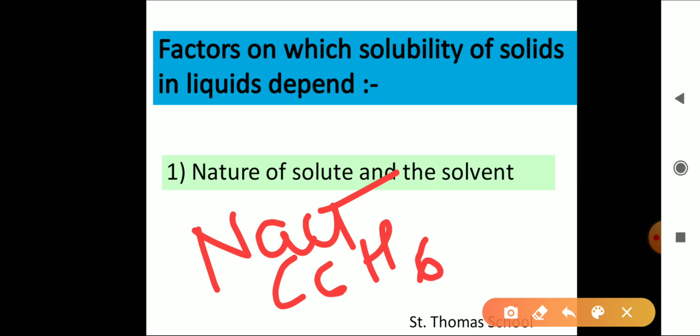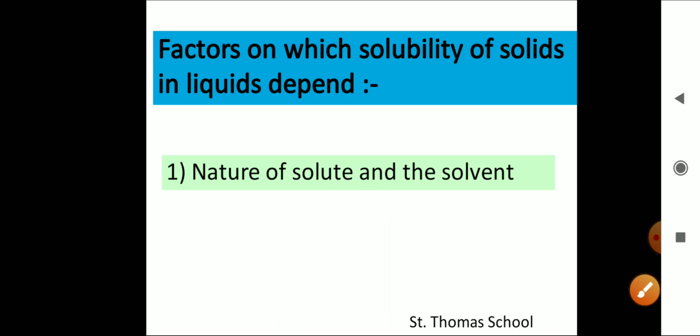Sugar is not easily soluble in water. Why? Because it is a carbohydrate, so its solubility is less as compared to common salts.